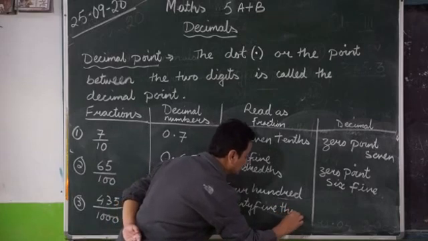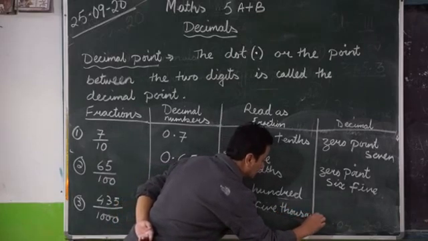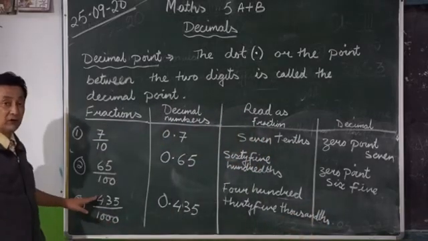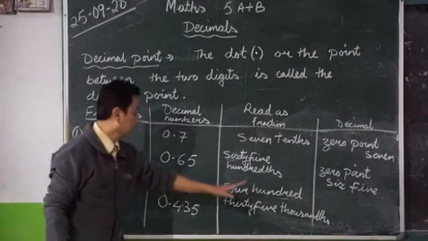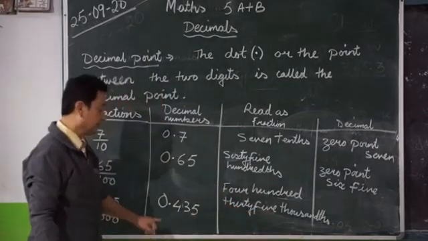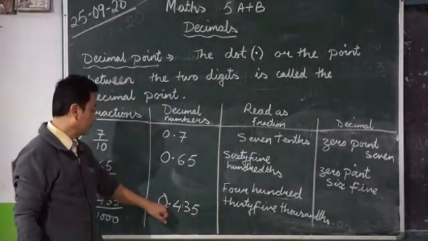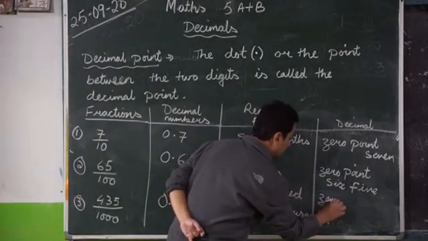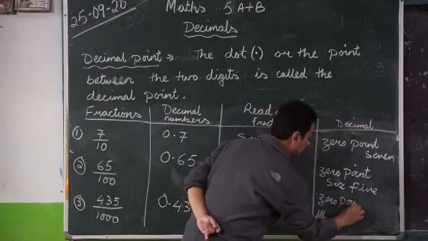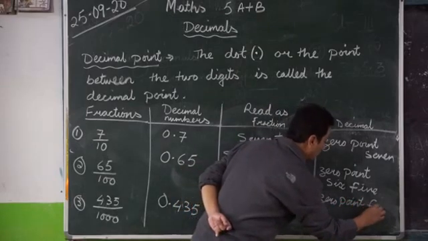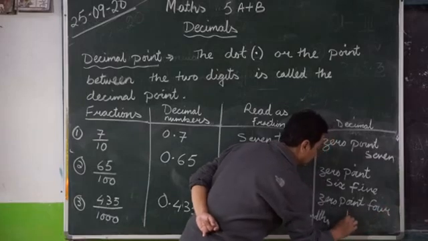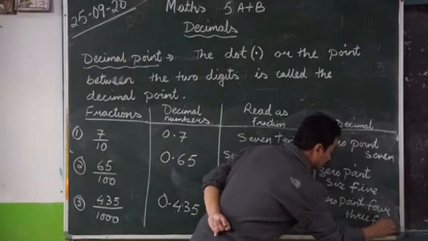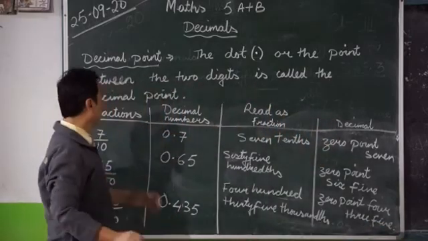And this one is easy. What do you write? In decimal we write 0.435. Okay? So today we have learned what a decimal point is.